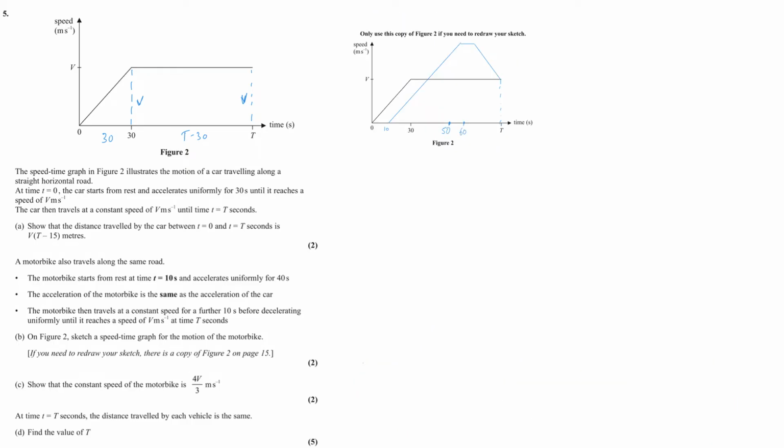Now, the distance we've got for the car already, it's v brackets t minus 15. We've got to do the same for this one. Okay, so you can do it a few different ways. I'm going to split it up into, I suppose, 3 shapes.